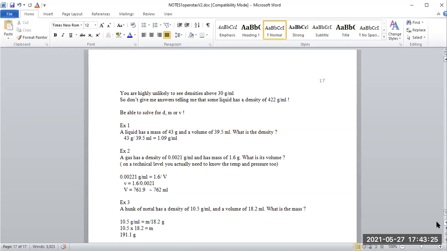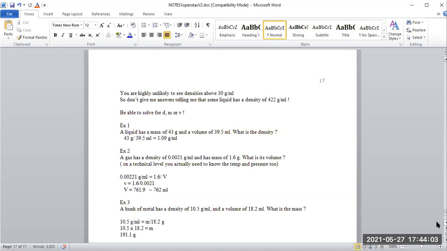Okay, so if you had lab yesterday and you hadn't crunched your numbers yet, and you told me that your little metal cylinder had a density of 422 grams per milliliter, when I grade it, I'm probably gonna put a circle around it and write something snarky like oof, or impossible, because that's kind of true, okay? In the world of average, normal, everyday things, you're not likely to see anything with a density higher than 30.